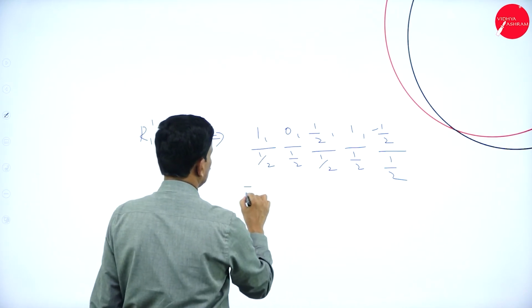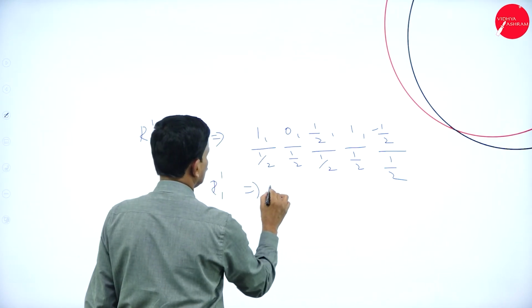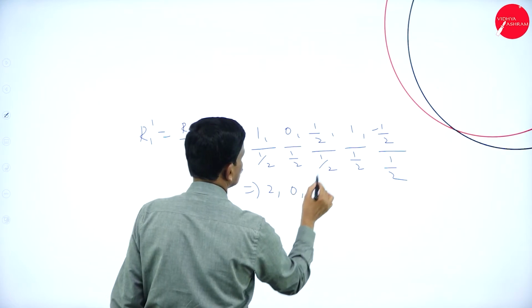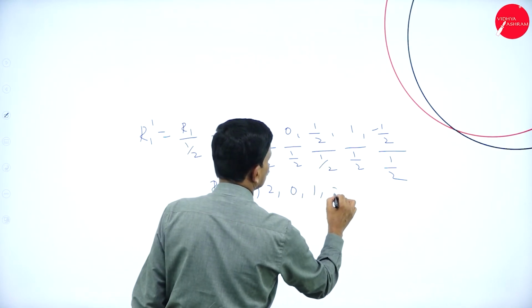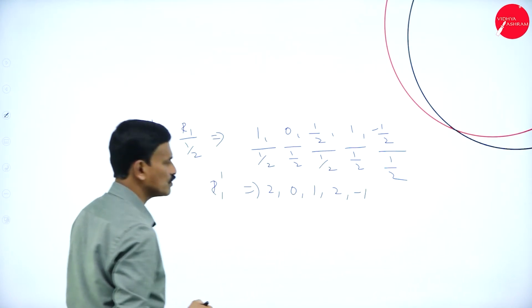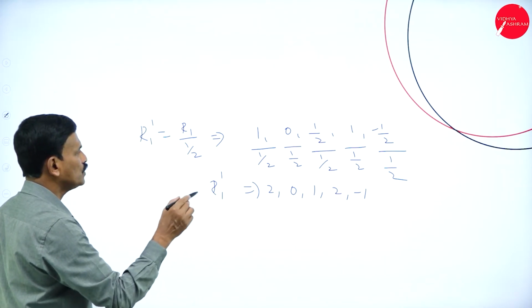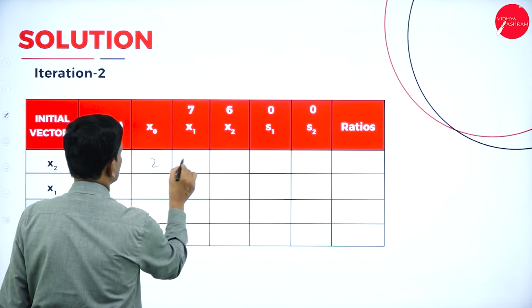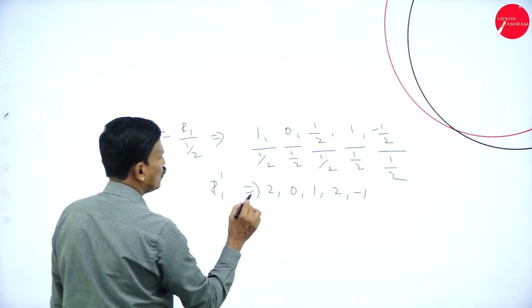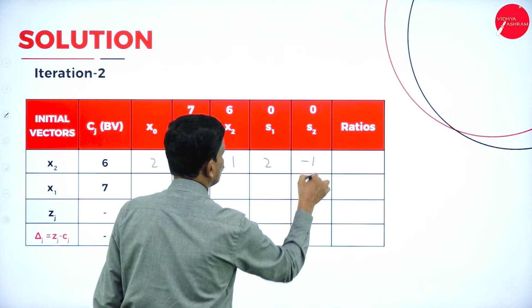So this goes to the numerator. This is R1 dash: 2 by 1 is 2, 0 stays 0, 1 gets cancelled, again 2 by 1 is 2, this is minus 1. So the new row 1 is 2, 0, 1, 2, minus 1.